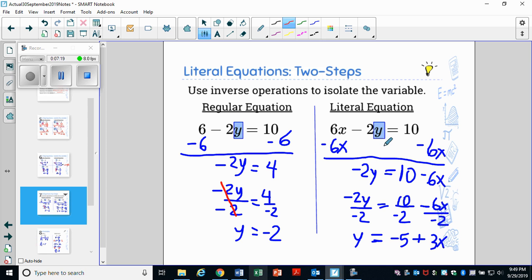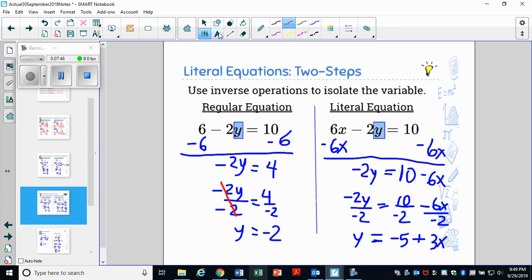Now the literal equation, step 1, we subtract 6x from both sides. As a result, you have -2y equals 10 minus 6x. Now this part is a little different because we will divide each and every term by -2.